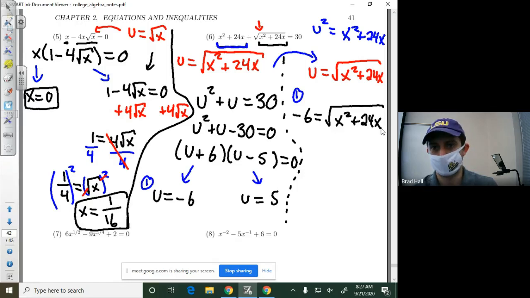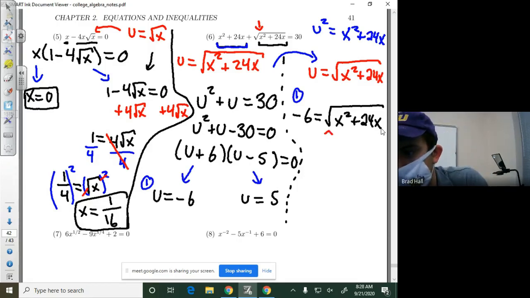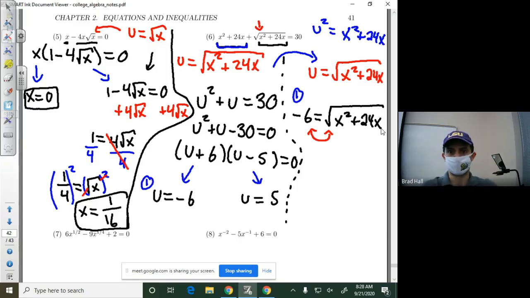Here we have a square root, and here it is outputting a negative. That's not good. That can't happen. Square roots cannot output a negative. So this cannot happen, and so that means this whole value of u is completely tossed.